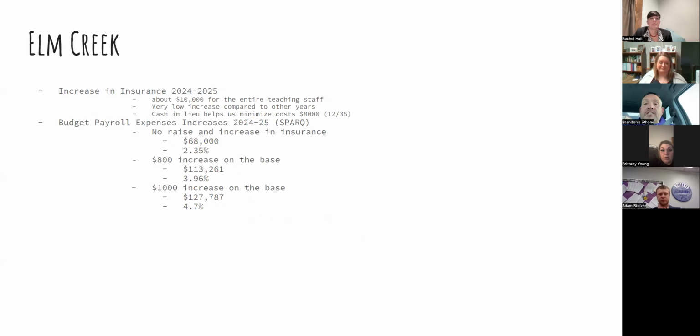The increased insurance this year for our district was about $10,000 for our entire teaching staff. That's a really low increase compared to other years. We expect next year, for 25-26, to be really high. Cash in lieu really helps us minimize the costs of this. We have 12 of our 35 staff that get the $8,000 cash in lieu.